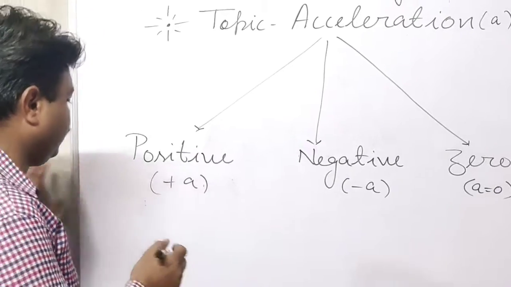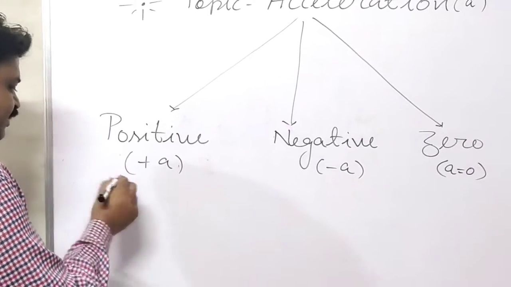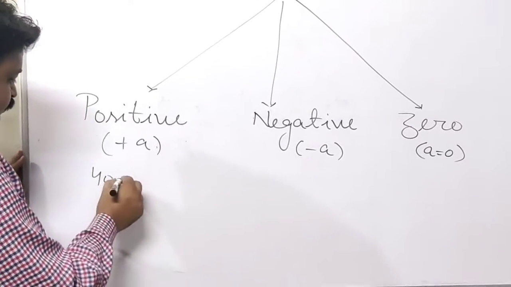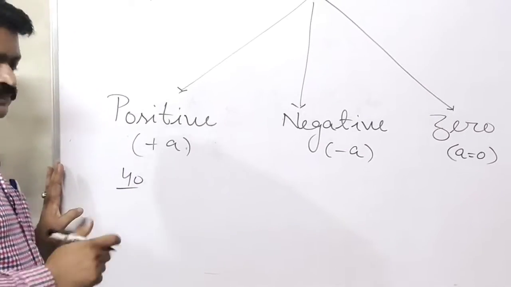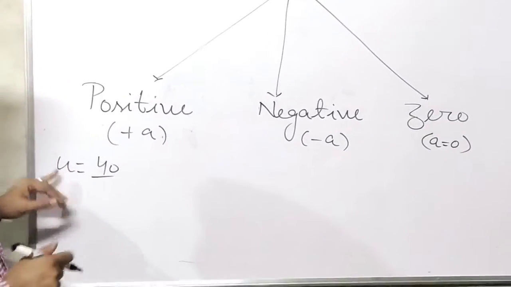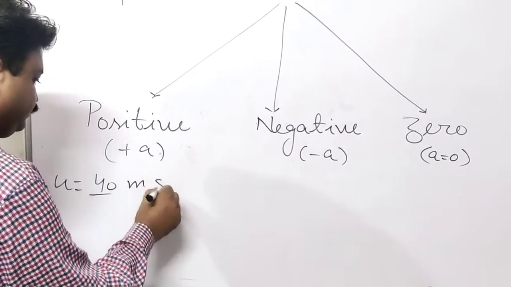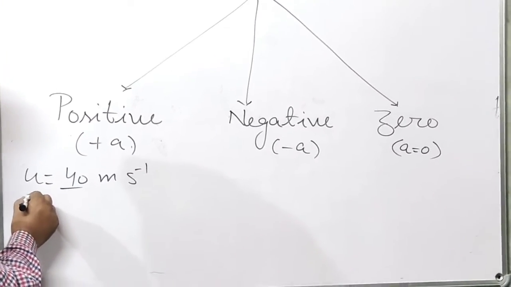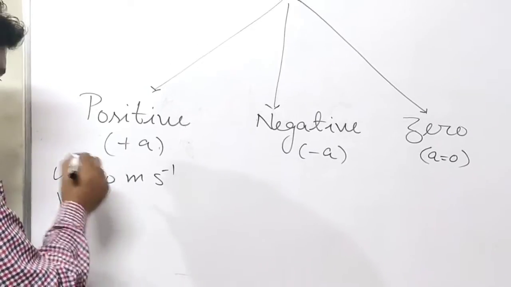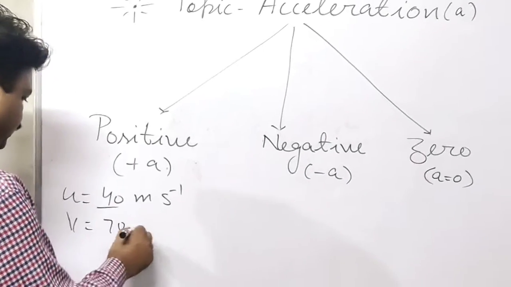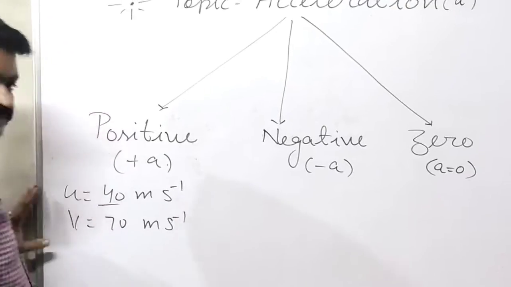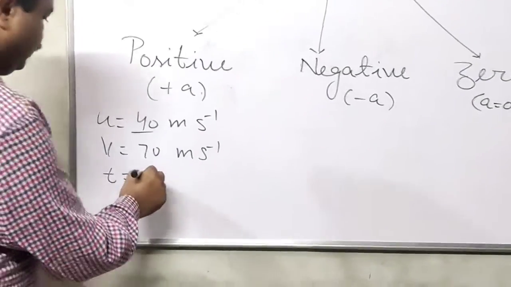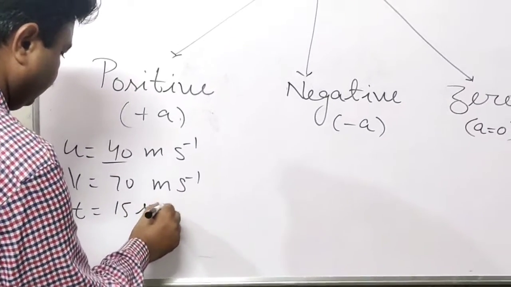Like if the initial velocity is 40 meter per second, the final is 70 meter per second, and the time is 15 seconds, student.